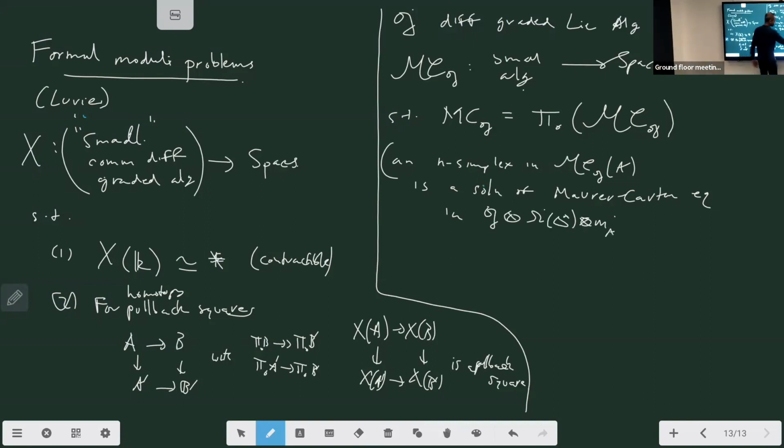Roughly that's the idea. So you can actually define a simplicial set or a space from a differential graded Lie algebra.